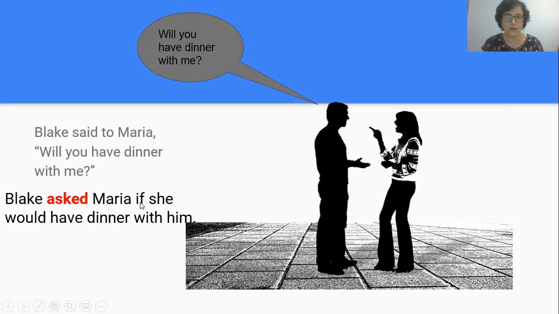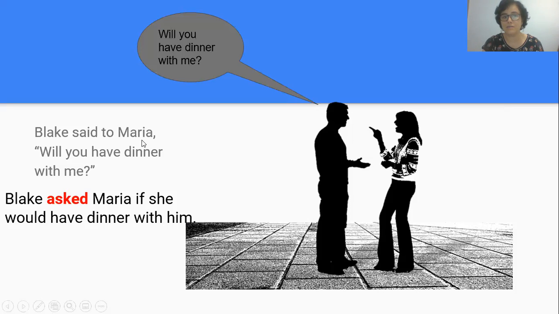Okay, we will do a lot of practice, we will do a lot of examples in the coming lessons so that you are thorough with what you have to use. But for now, please remember that when there is a question, you cannot use the word that. That is only used when it is said or told. In the case of a question, no that. Okay? So Blake asked Maria if she would have dinner with him.